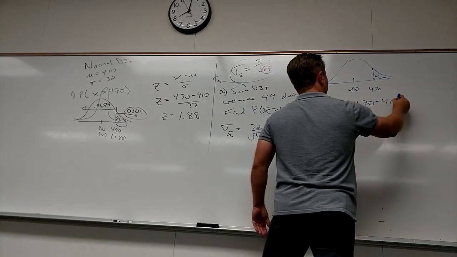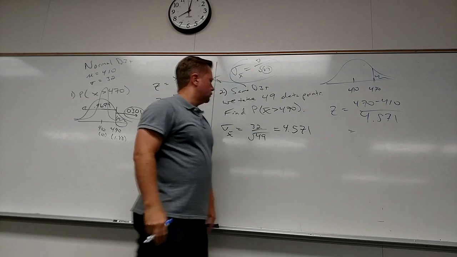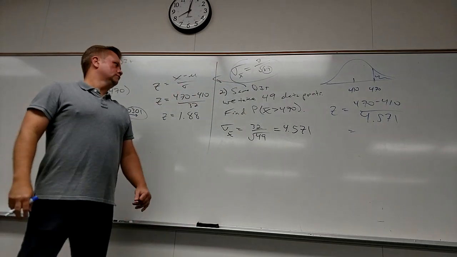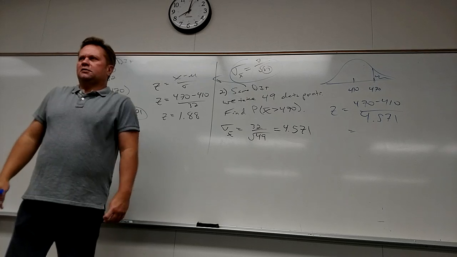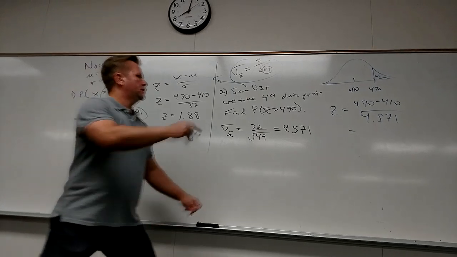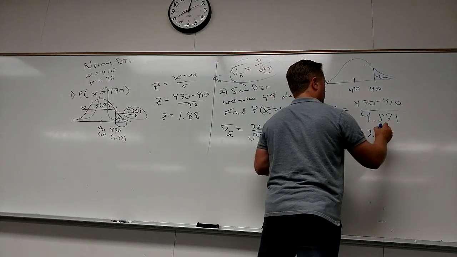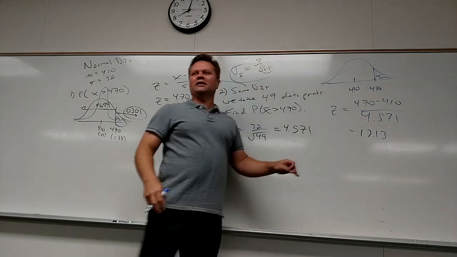It's 470 minus 410 divided by 4.571 instead of 32. It's going to be something like that. Yeah, maybe 13 point... 13.13? Ooh, I like it.